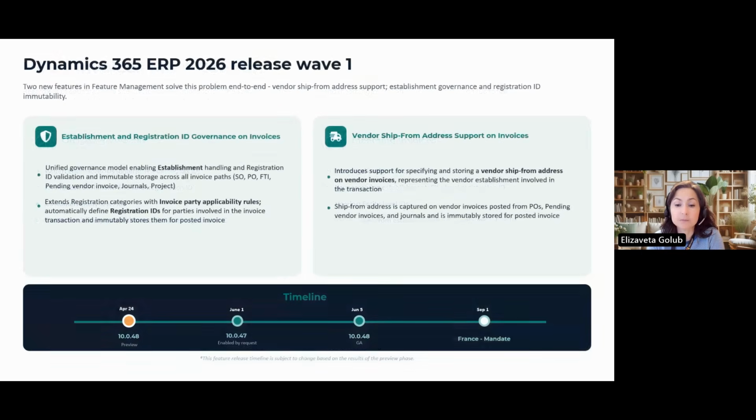To solve this end-to-end, we introduced two new features in feature management. The first is establishment and registration IDs governance on invoices, which provides automatic determination, validation, and immutable storage of registration IDs across all invoice flows. The second is the vendor ship from address support on invoices, which allows vendor establishments to be explicitly identified and stored.